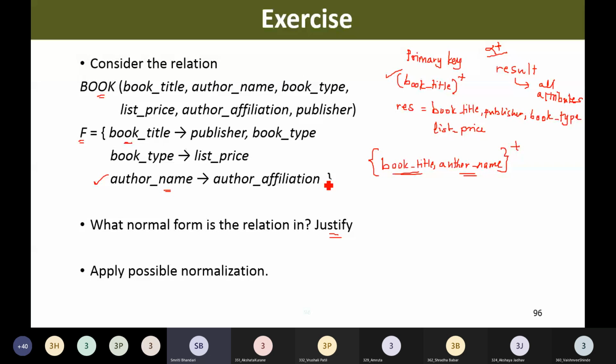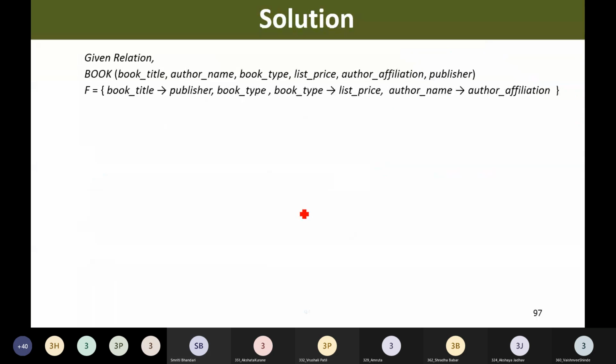Meaning, if we assume one instance of this relation and try to find the intersection of each row and each column, we will have a single value. So any attribute we consider in this relation comprises a single value, and that is why we may say that this relation is in 1NF.